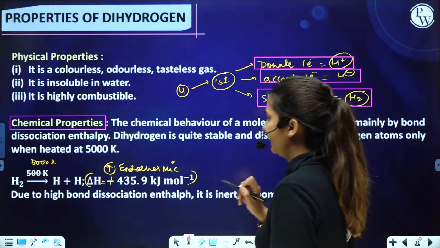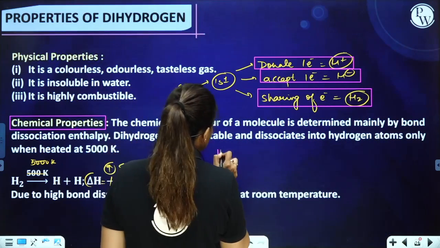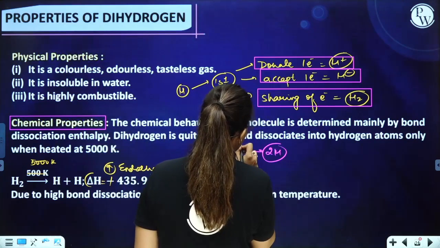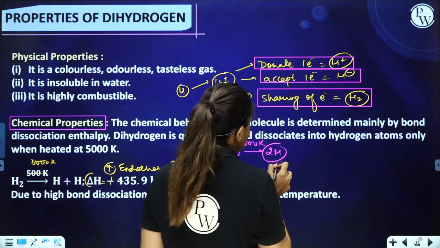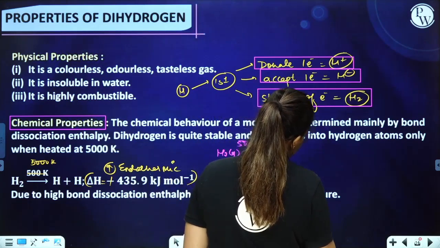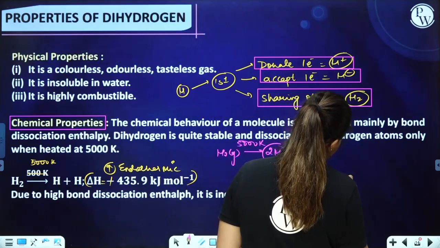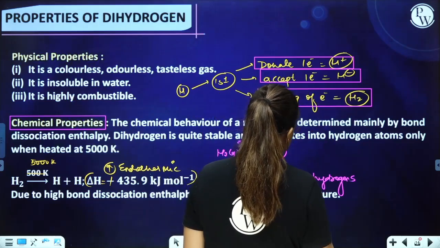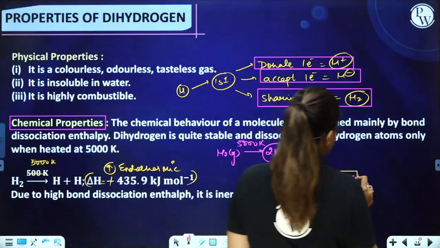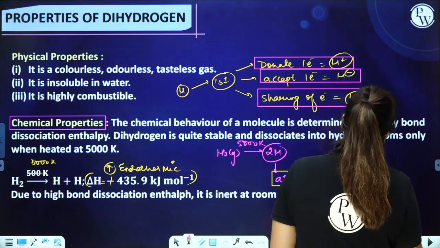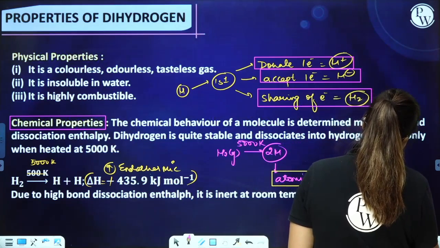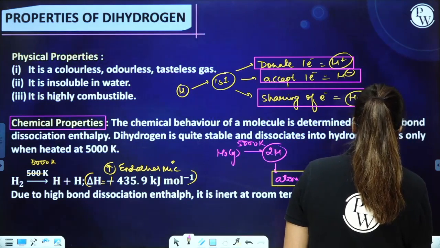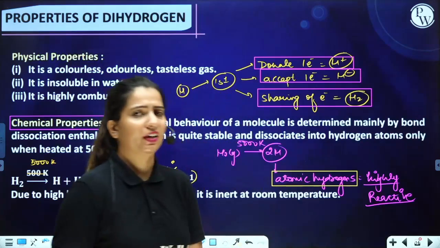Understand one thing: whenever you break this hydrogen gas into two hydrogen atoms with the temperature being 5000 Kelvin, these two hydrogens are considered atomic hydrogens, which are very highly reactive.